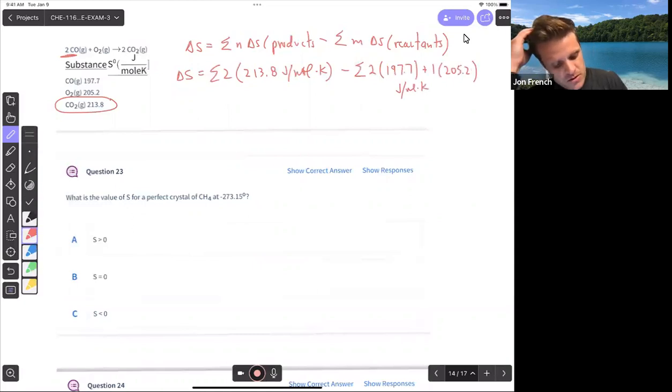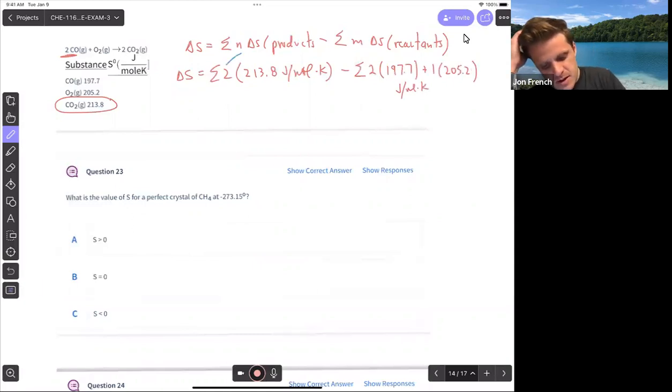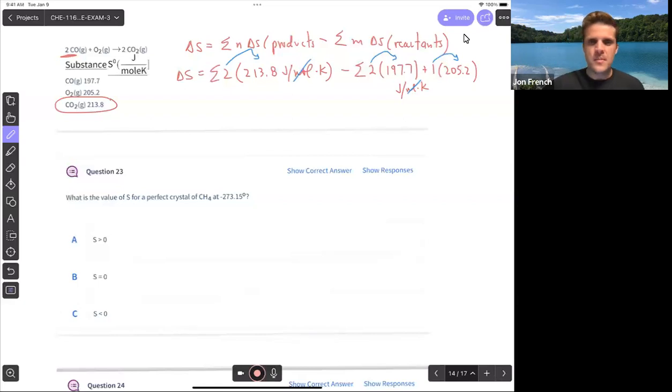Multiply by our molar coefficients, right? So we multiply by 2, moles cancel out, multiply by 2, moles cancel out, multiply that by 1. Then we multiply and add those together, and then subtract across.